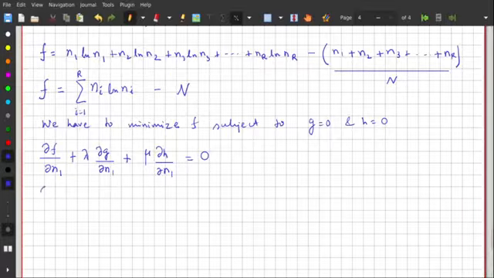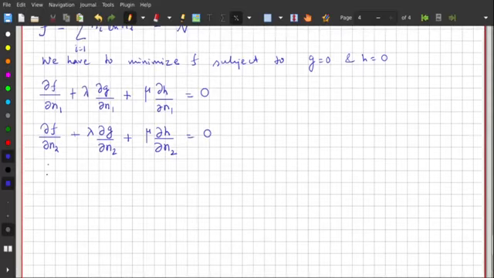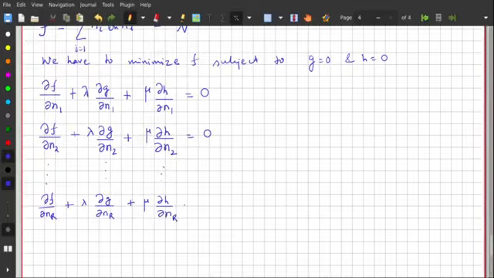Like that we can write partial f partial n2 plus lambda partial g partial n2 plus mu partial h partial n2 equals 0. Okay, and this we can write for all of the r states, energy states. Partial f partial nr plus lambda partial g partial nr plus mu partial h partial nr equals 0.